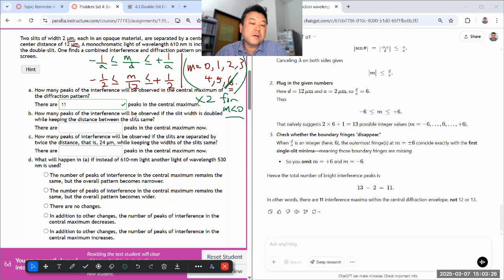So if a slit width is doubled, then the diffraction minimum will be narrower. So there will be basically half as many, but with the 0 being in the middle. So there's 5 on either side.